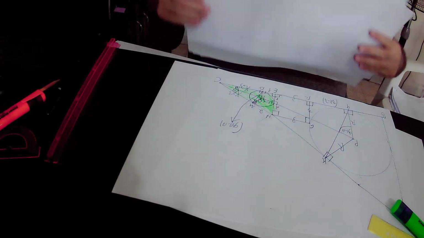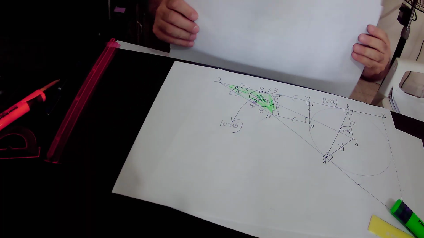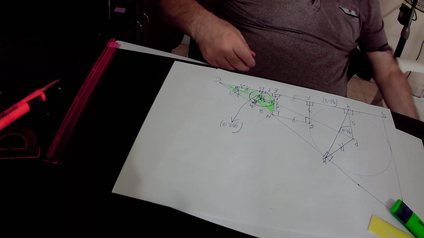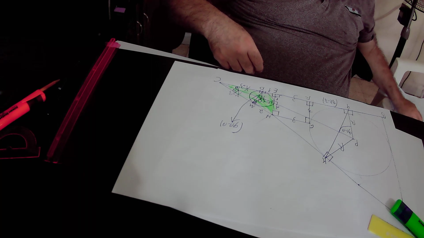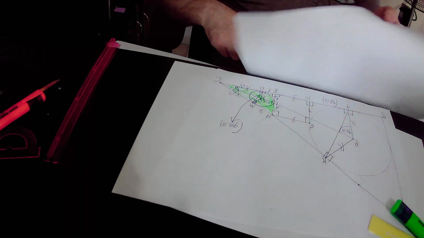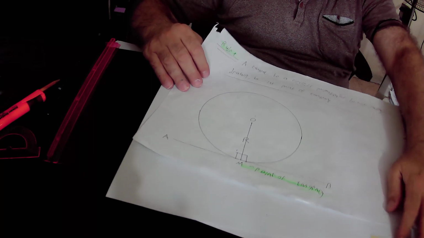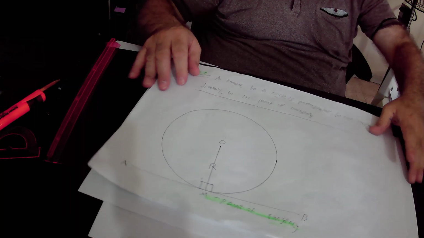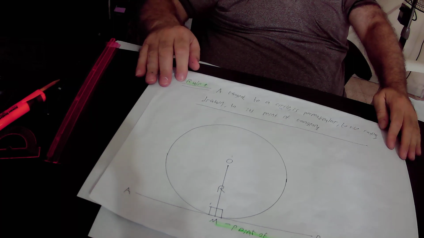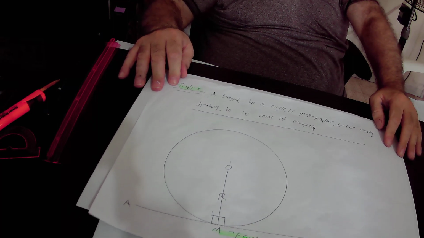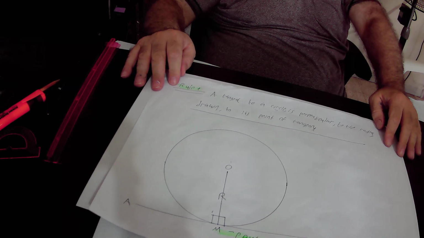So here in this question we use 3 rules. We have rule number 1: a tangent to a circle is perpendicular to the radius drawn to its point of tangency.